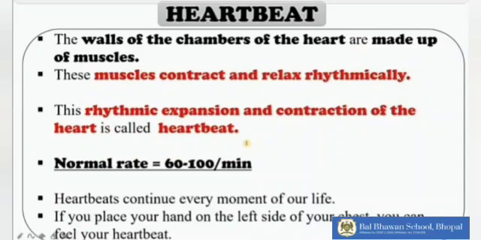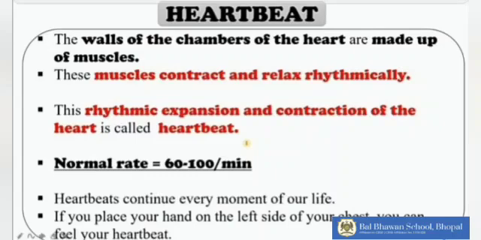What do you mean by heartbeat? Heartbeat is the contraction and relaxation of our muscles. You know, our heart is a muscular organ, and you know the muscles contract and relax. So this contraction and relaxation in a rhythmic way. What do you mean by rhythmic way?